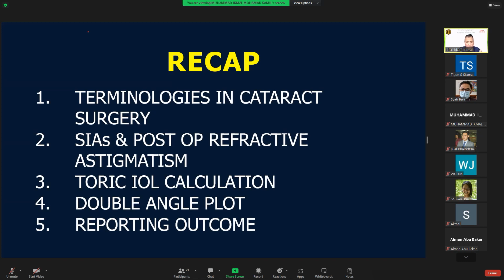By rights, the quantification should be done at least every 6 months, if not yearly, for both the corneal astigmatism as well as the total refractive astigmatism. Then after that you can rectify.